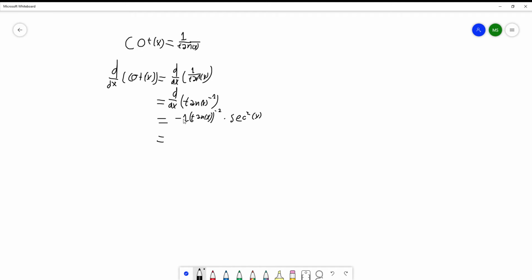Now this 1 will just be 1, and multiplying by 1 doesn't really do anything. Now this negative says we have to divide, so that's 1 divided by tangent squared of x. That, and then the secant will go on top.